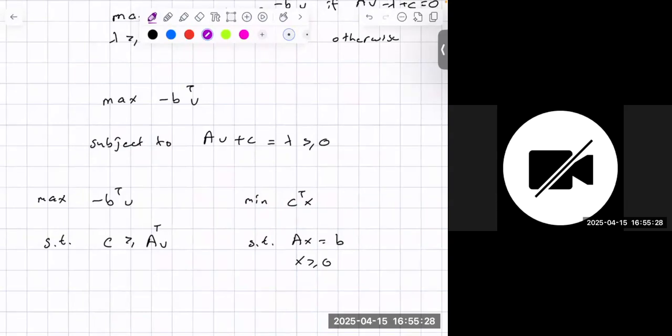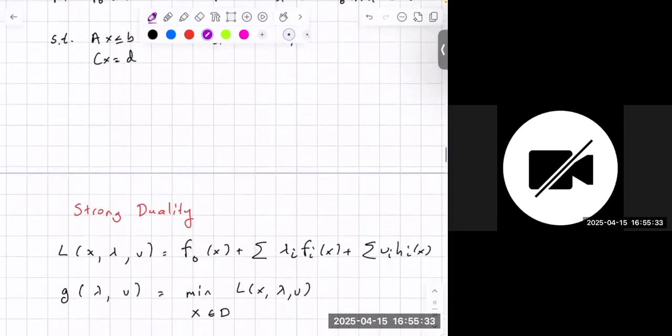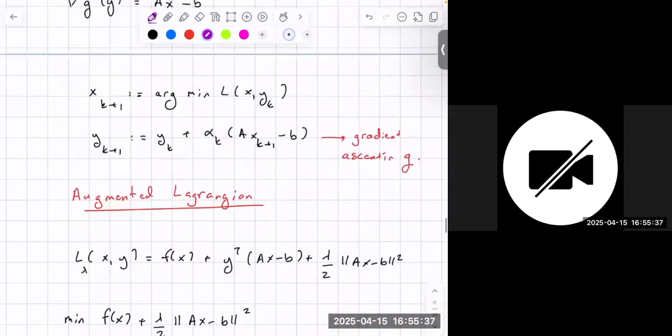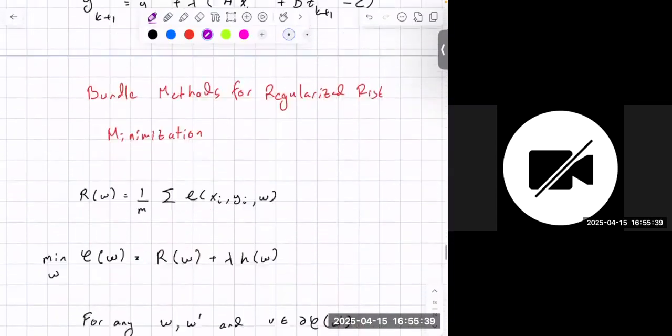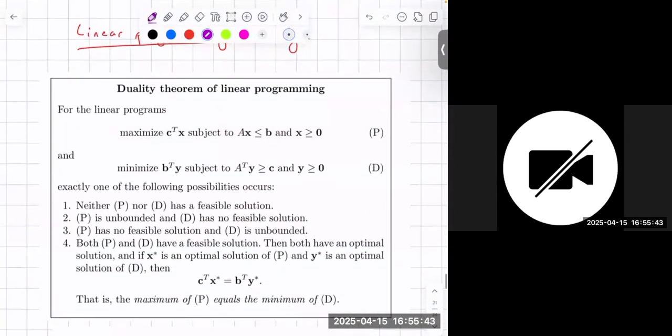Now, let me talk about this a little more because this relates to many things that you might have seen before, or you may see in your future endeavors. Here is this stuff. And what I said is that there is no duality gap. Of course, it's a theorem you have to prove.